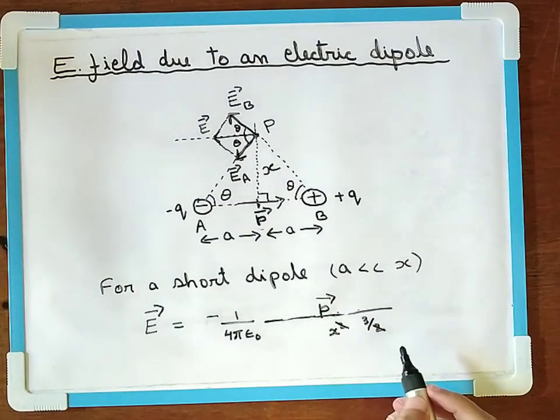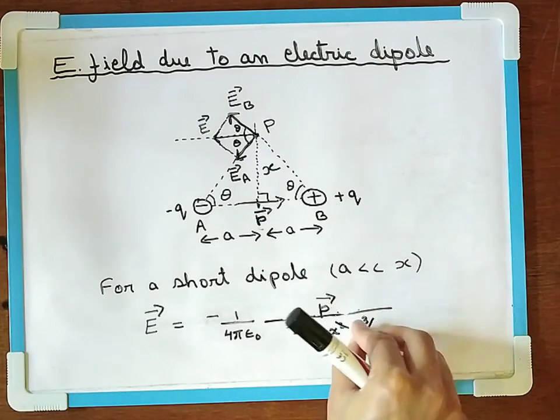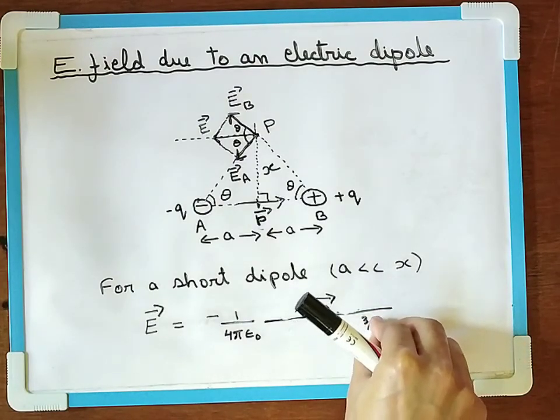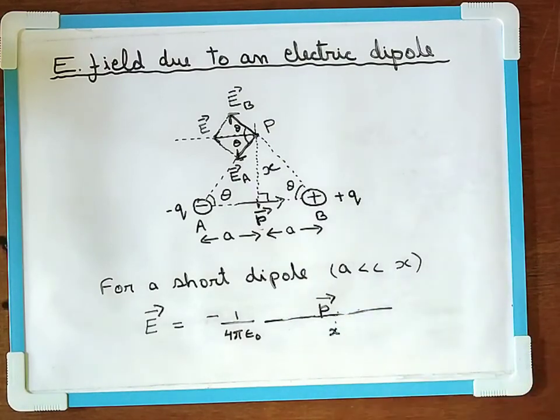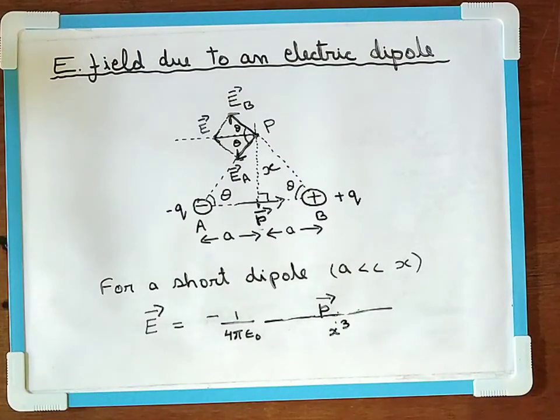So what we have is x cube, x to the power 3. So the expression for a short dipole will be minus 1 by 4 pi epsilon naught p vector divided by x cubed. Now this is in vector form. We can write just the magnitude also. In the magnitude, you can simply write E is equal to 1 by 4 pi epsilon naught p divided by x cubed, without the minus sign.